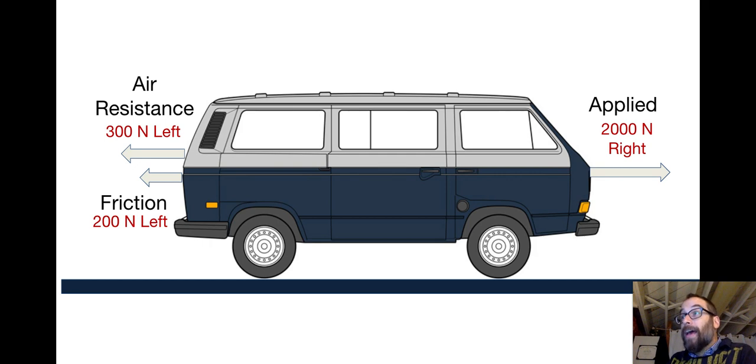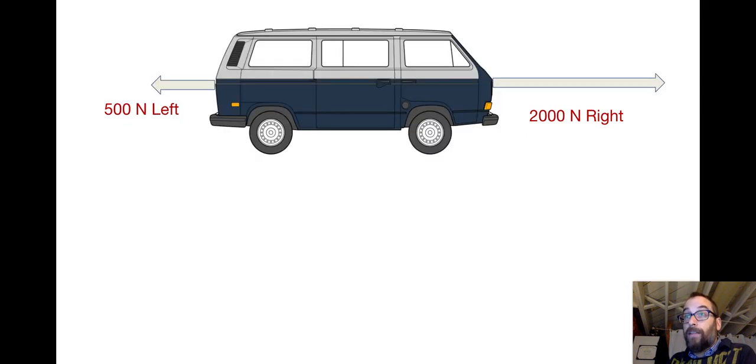We can add up the values of those forces to get the total force acting to the left. And we can see that in this picture. We have 2,000 newtons of force acting to the right and 500 newtons of force acting to the left. The net force is just the difference between those two, acting in the direction of the larger force.